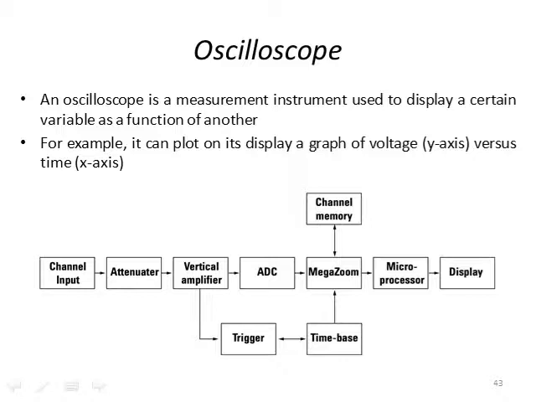It has an attenuator, a vertical amplifier, an analog to digital converter, of course, because most everything is digital now, and then a microprocessor also. And then it has these triggers and time bases that allow you to manipulate triggering of events that you can measure. So essentially, an oscilloscope measures, let's say, input current and output something. Okay, so it can plot voltage versus time, for example, or current versus time, depending on how you're doing the measurement.